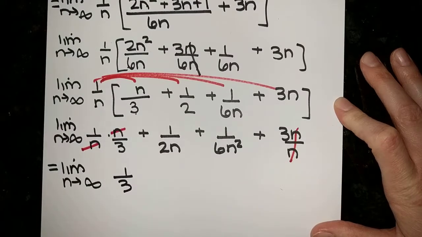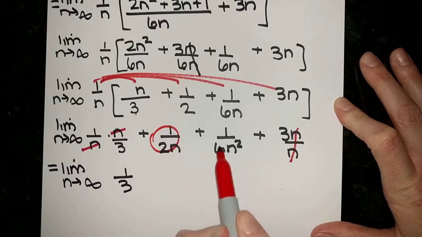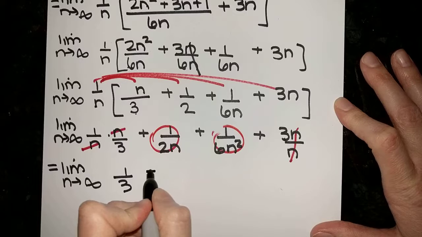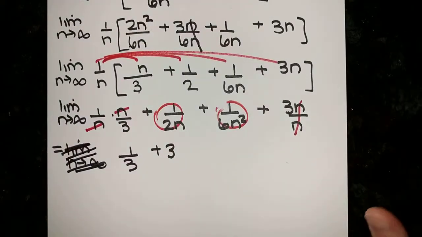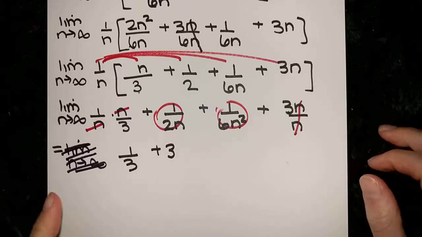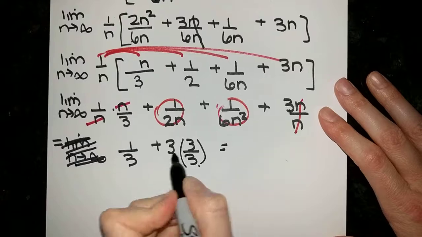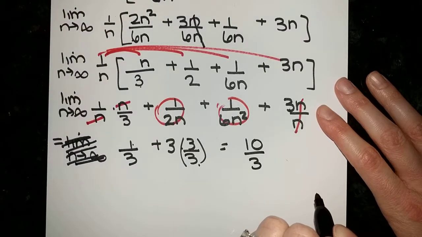Now, if you really think about this for a moment, this 1 over 2n is going to go to 0 when we take our limit. The 3 is not. So it's going to be plus 3, and then now the limit is gone. So that's how you can simplify it quickly there. And then, of course, you take your 1/3 plus 3, so you get a common denominator, and you have 9 plus 1, so you get 10/3 as your evaluation for that limit.